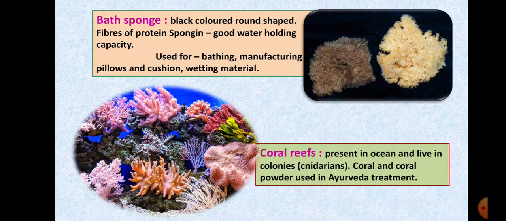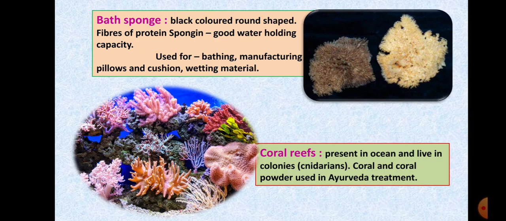One important feature about them is they live in colonies. You will not find them single. One coral in one corner of the ocean, another coral elsewhere, no. They are present in groups, in clusters. That is called a coral colony.